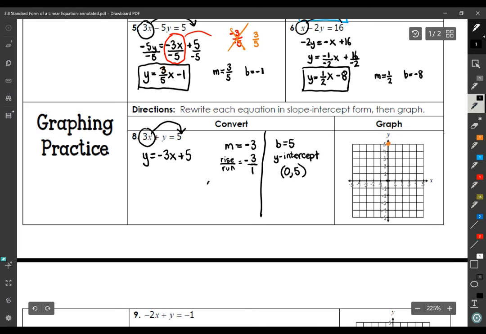Okay, so what this means is down 3 over 1. Okay, so let's make sure we're doing it right. Okay, so down 3 over 1. So that's where I'm going to put my second point.